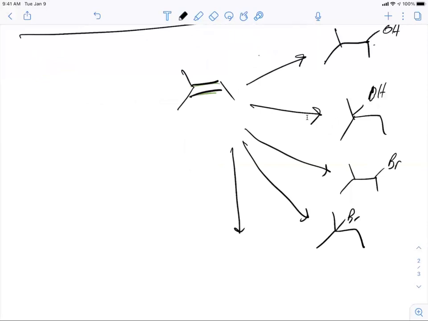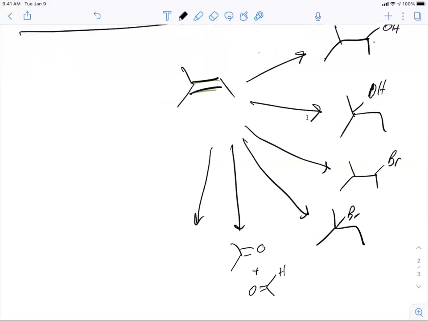We could make the ketone and aldehyde. We can make the dibromide. We can make the alkane.